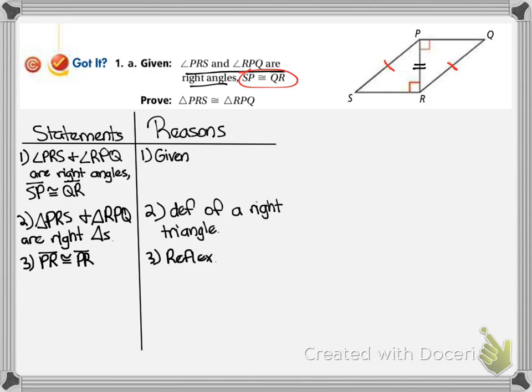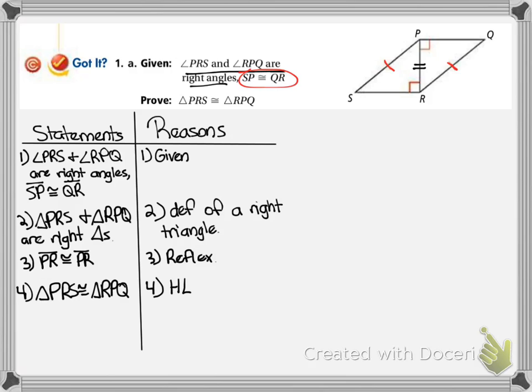So therefore, we know that triangle PRS is congruent to triangle RPQ by hypotenuse leg.